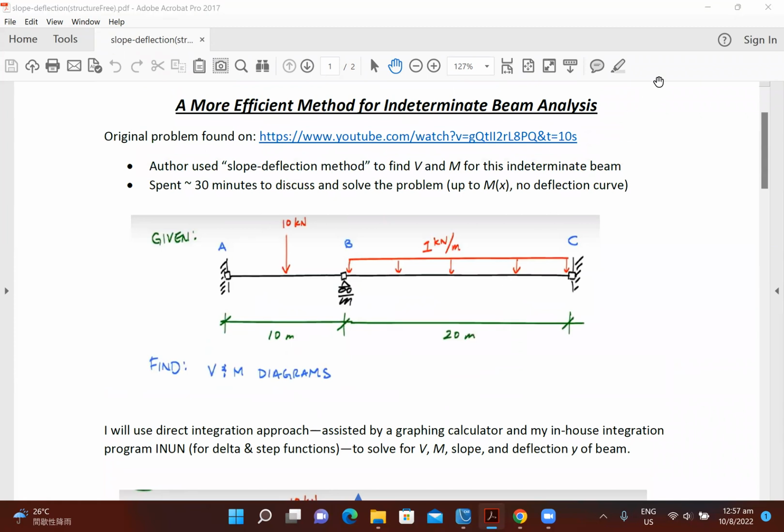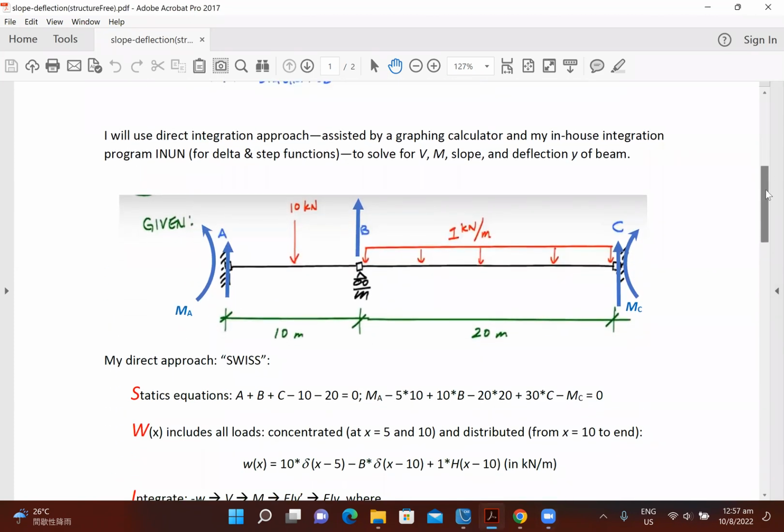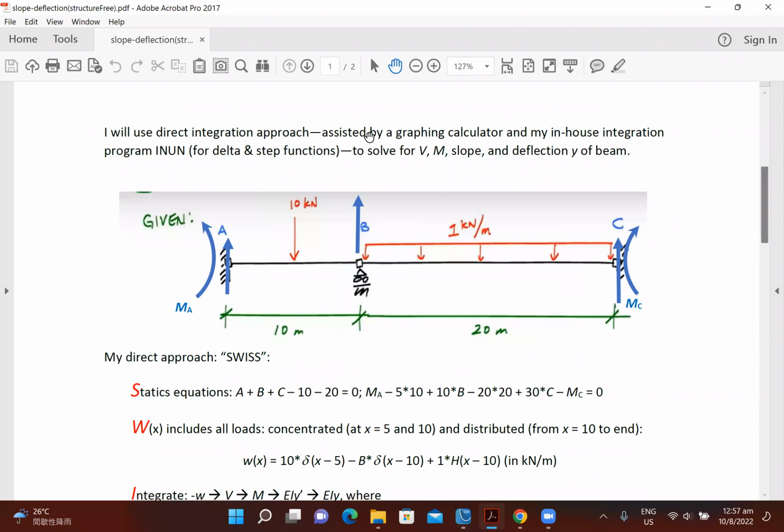I would call my approach the Swiss approach, just an abbreviation, which I'll discuss soon. So here's the original problem, and I will instead take 5 steps to solve the same problem, but I'm going to get more.